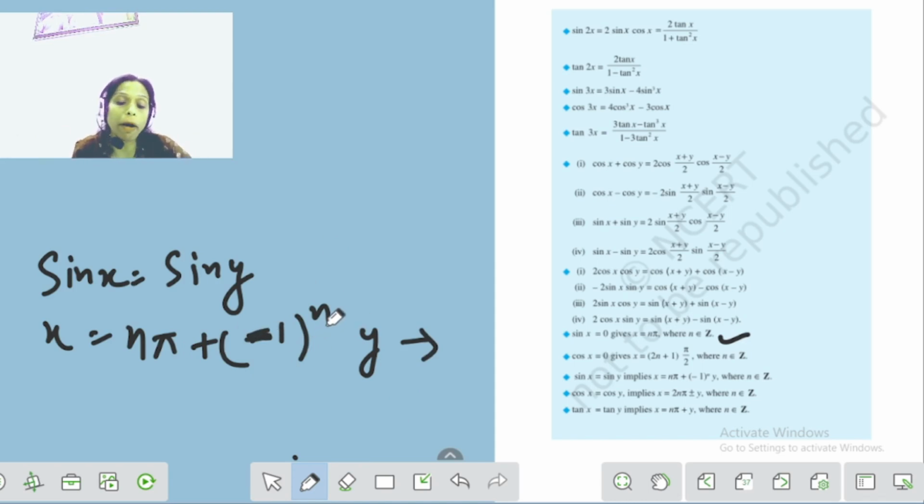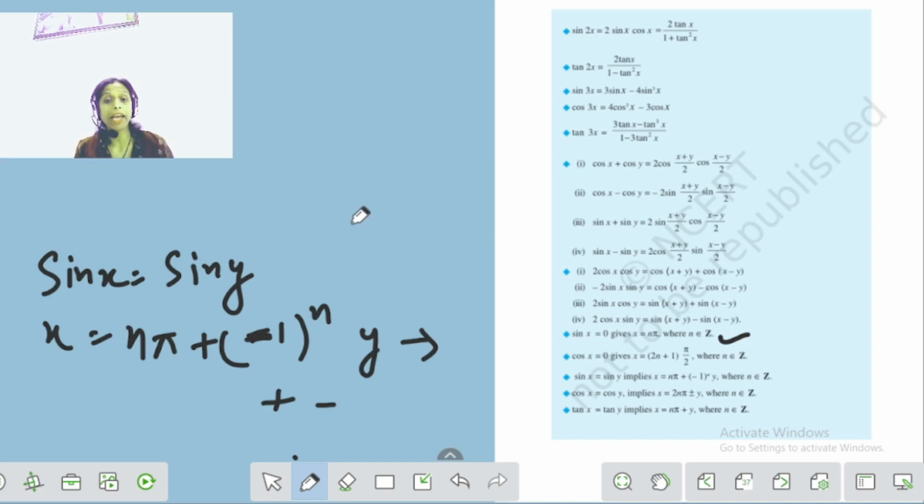Minus 1 to the power n means when n is even, you will get a positive sign, and when n is odd, you will get a negative sign. There are two types here, negative signs and positive signs.